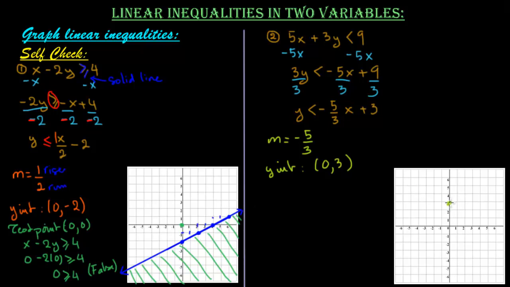So 0, 3 right here. Then negative 5: we fall down 5 units and run to the right 3 units. So fall down 5: 1, 2, 3, 4, 5. And run over 3: 1, 2, 3.